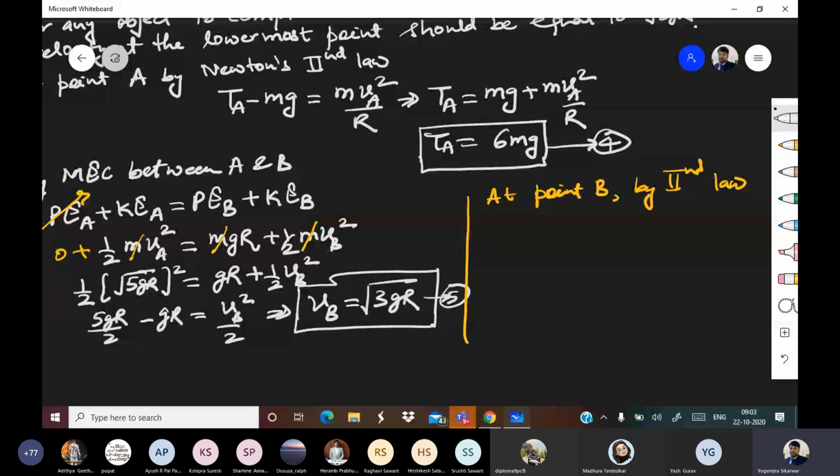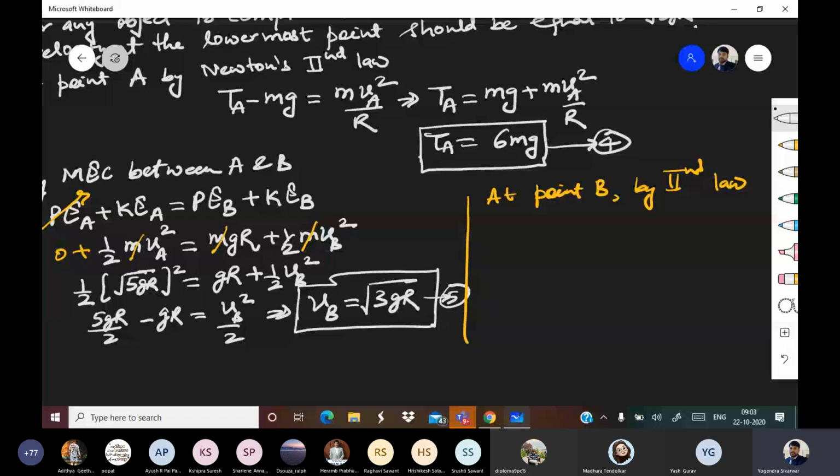So at point B, by second law, TB will be equal to m VB square by R, because only tension at B will be providing the necessary centripetal force.